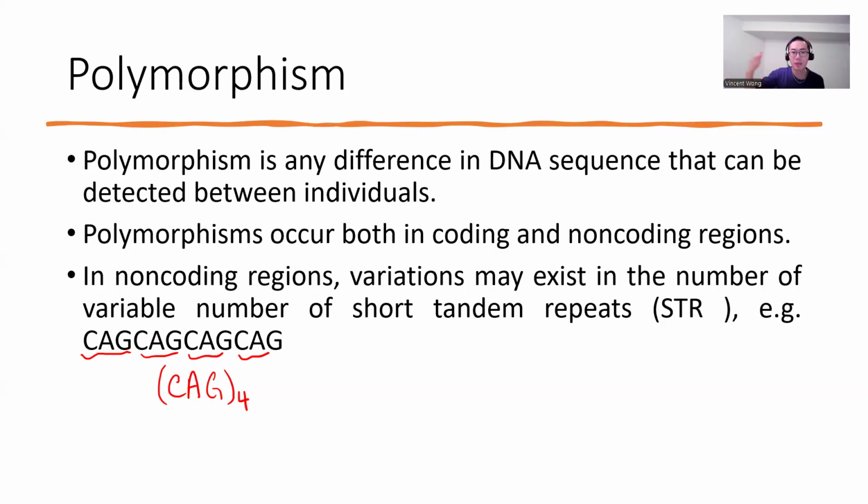So different people tend to have different numbers of STRs, and there are many different STRs scattered throughout the genome. You might have STRs on chromosome 17, you might have hundreds of STRs on chromosome 4, whatever, right? And since we mapped out the entire human genome with the Human Genome Project, we know exactly where these STRs are located in our genome.